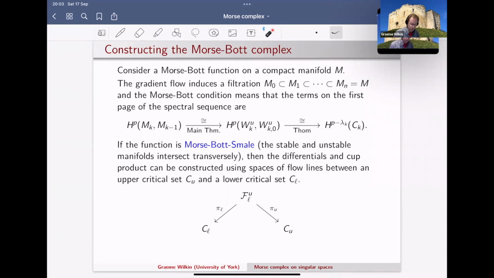So the idea is we take some cohomology class down here, pull it back to the space of flow lines, and then you can operate on it, maybe by taking cup product with something coming from the manifold, and then you can push it forward down to the upper critical set here. Here the U means upper, and here the U means unstable.